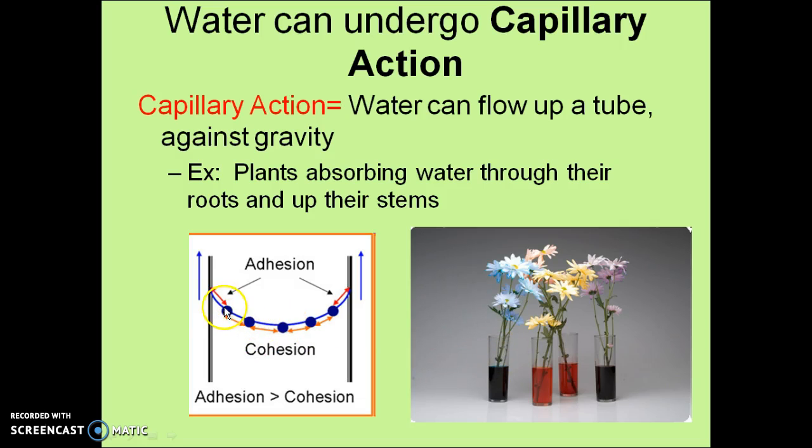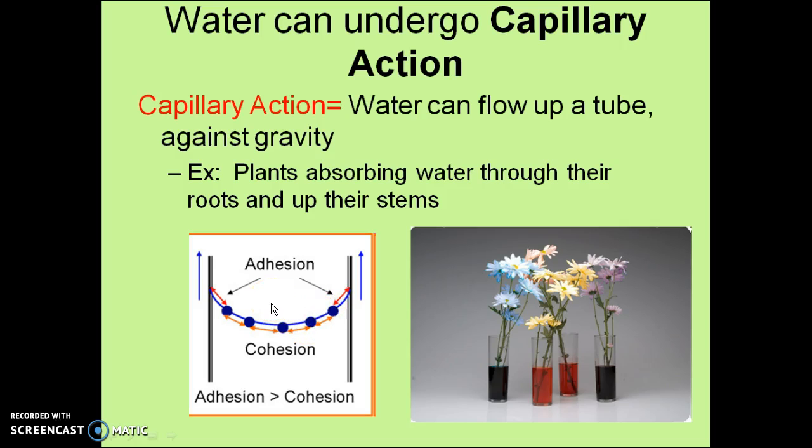Well, there's adhesion between water molecules and the inside of the stem, which is going to pull the water molecules closest to the sides of the stem up. Then those water molecules closest to the sides of the tube or stem are going to be attracted through cohesion to the water molecules in the middle.